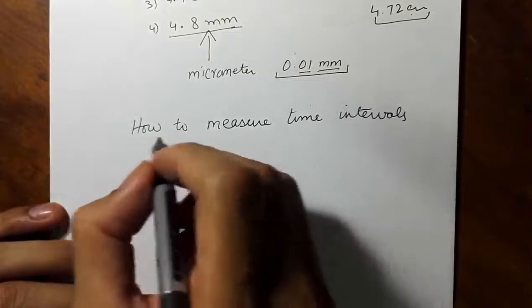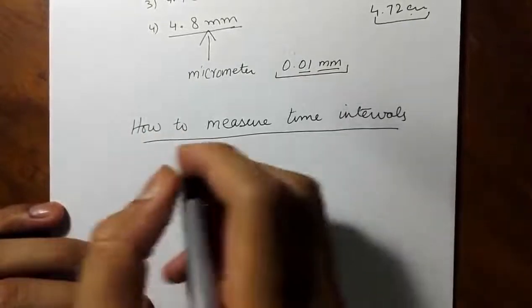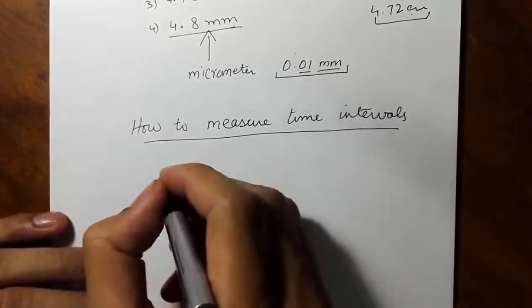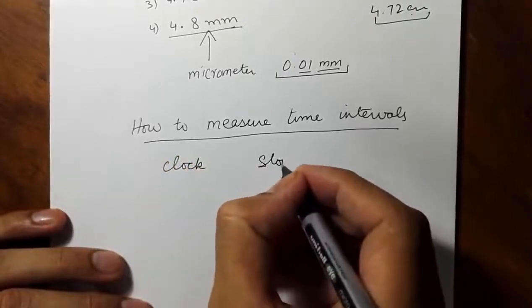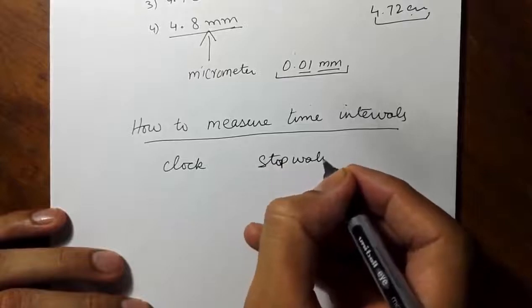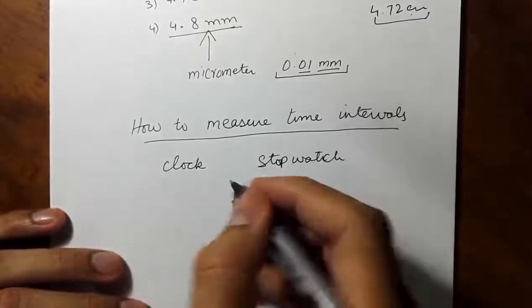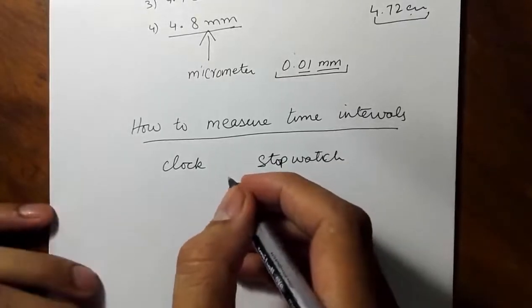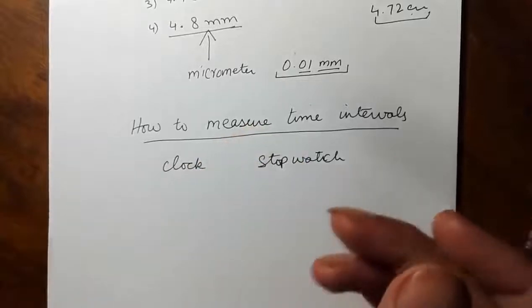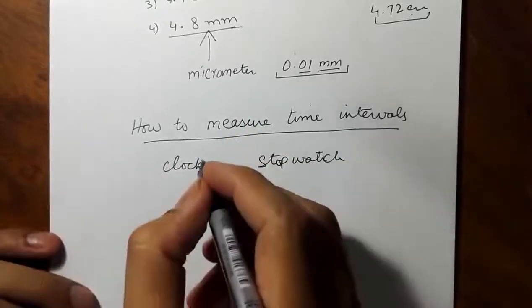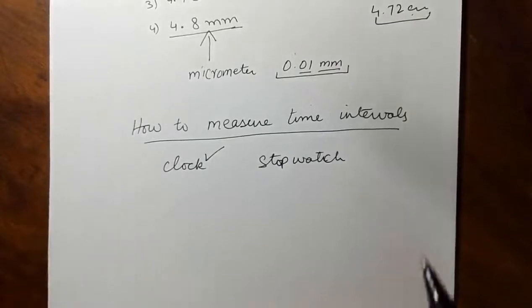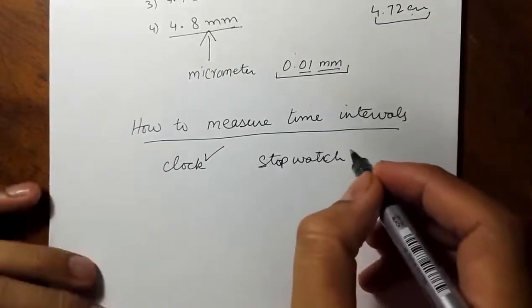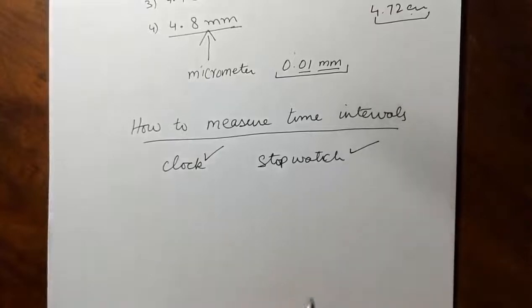So in order to measure time intervals, we have two main instruments, clock and stopwatch. If we have to measure time in hours or in minutes, then clock is a suitable option. But if we have to measure time in seconds, for short intervals, then stopwatch is more suitable.